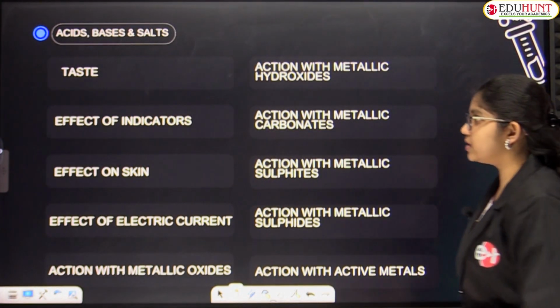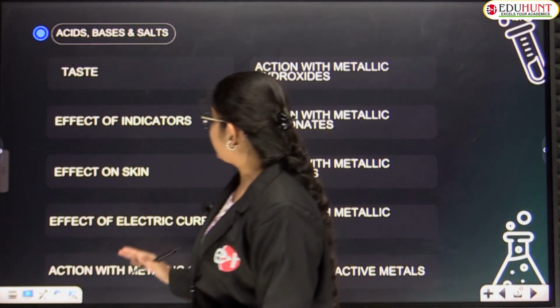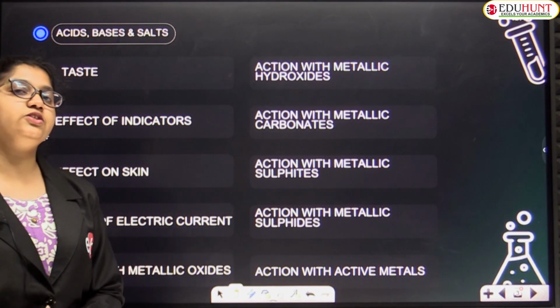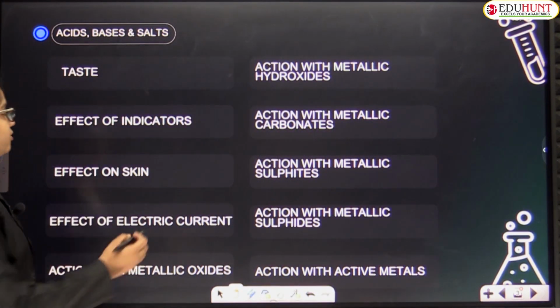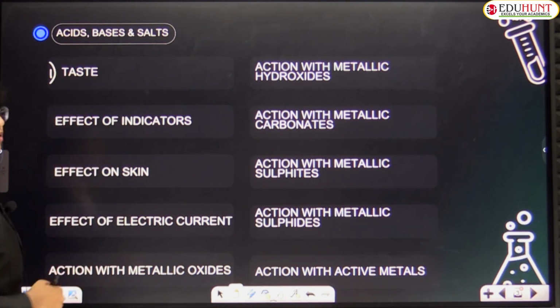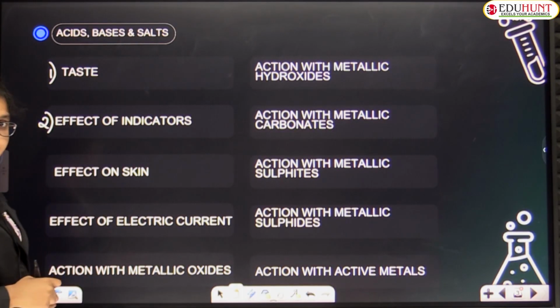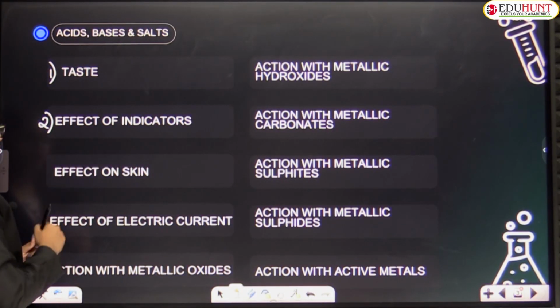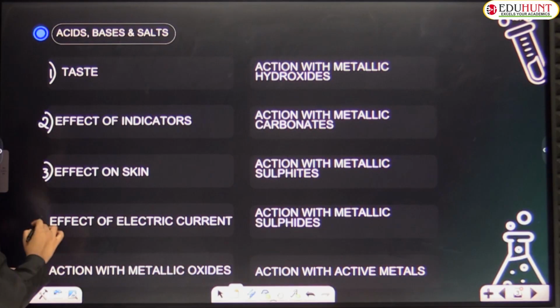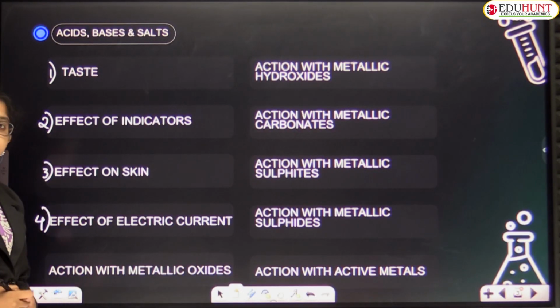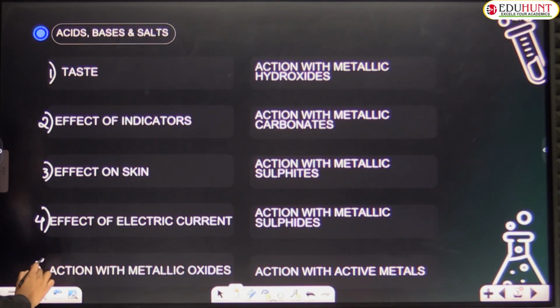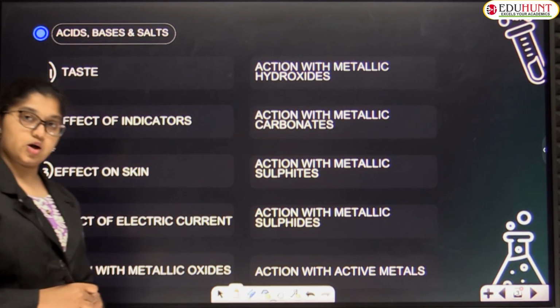In the general properties of acids, we have 10 main properties. First one is taste. Second, effect of indicators. Third, effect on skin. Fourth, effect of electric current. Fifth, action with metallic oxides.